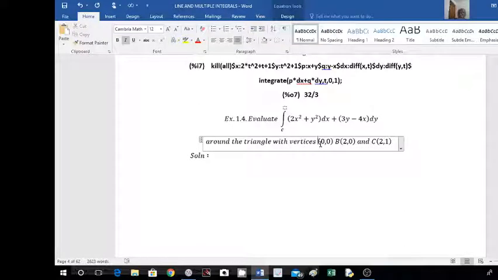This is our O(0, 0), this we have taken as A, and this is C.